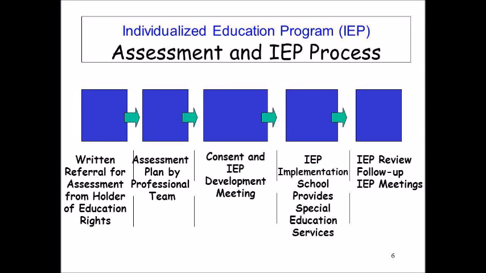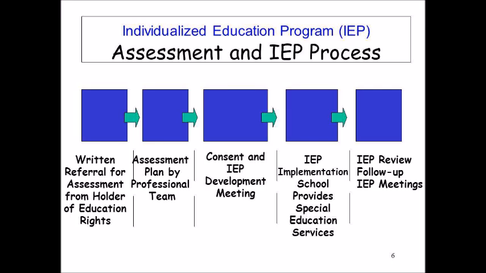Step 2. A child is evaluated. Evaluation is an essential early step in the special education process for children. It's intended to answer the following questions. Does the child have a disability that requires the provision of special education and related services? What are the child's specific educational needs? What special education services and related services are appropriate for addressing these needs?